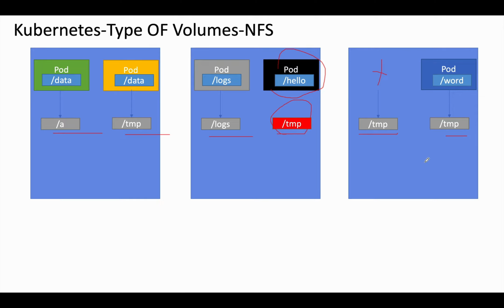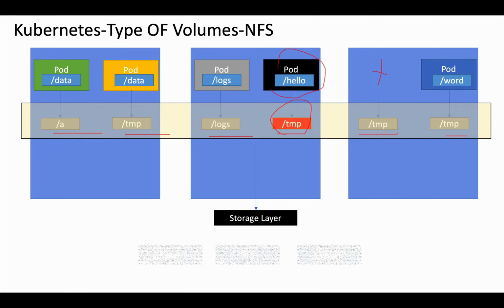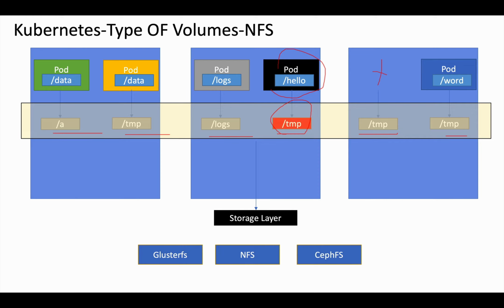Kubernetes supports many types of volumes. A pod can use any number of volume types simultaneously, such as GlusterFS, NFS, CephFS, and so on.